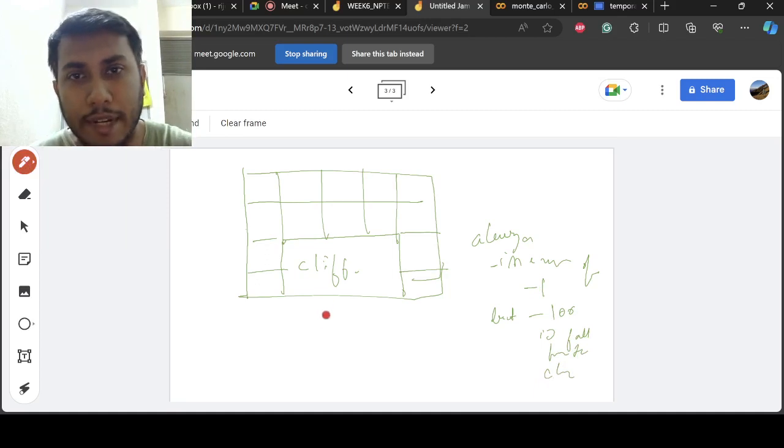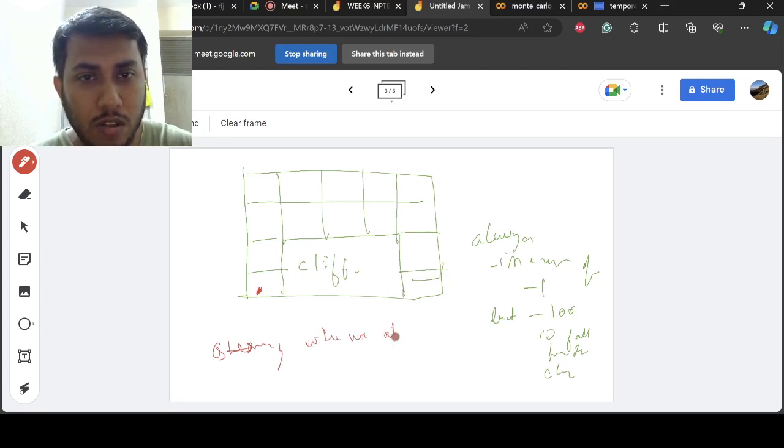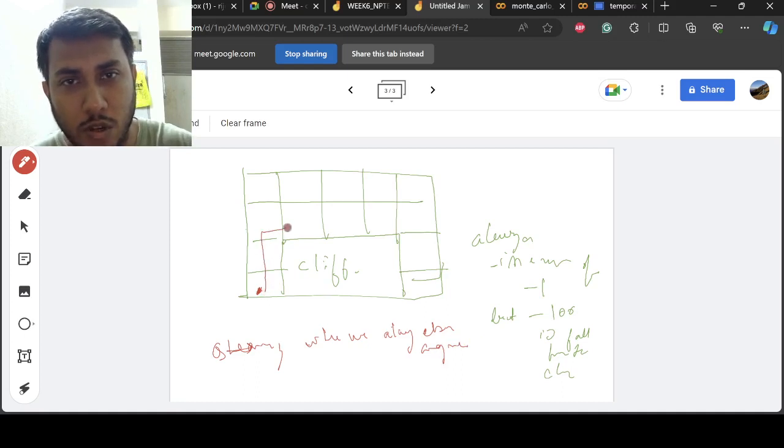What you saw in that example was that, suppose I start from here, let us consider two. One was Q learning, where we always choose argmax. In that case, it will just go like this.